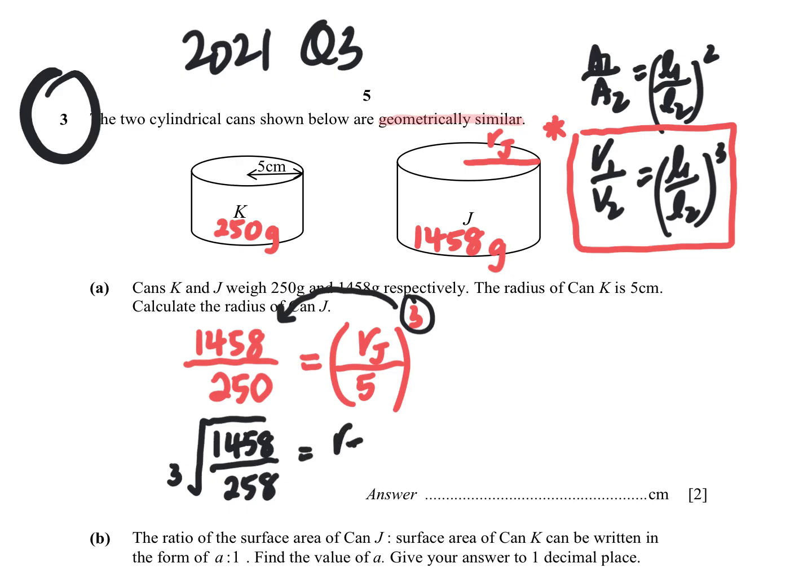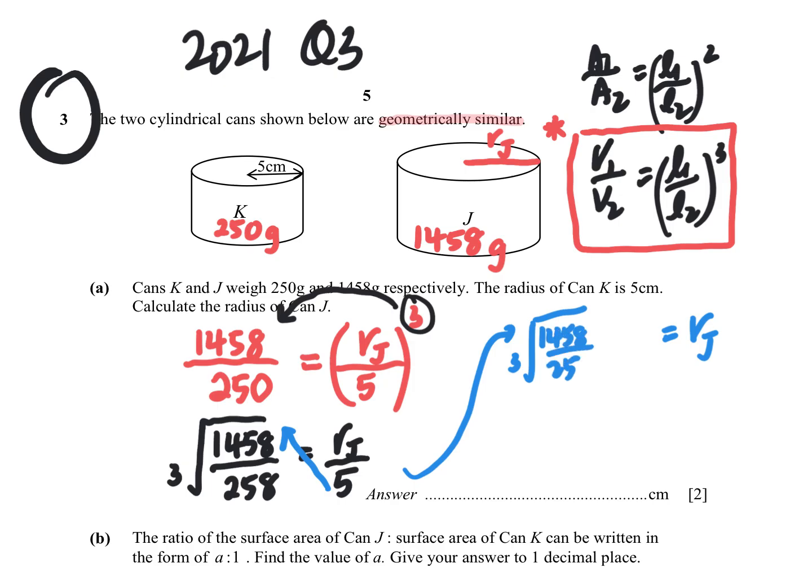Okay, then you can get the radius of the container J. So what you do is just cross multiply the 5 over. So you get radius J is this thing times 5.